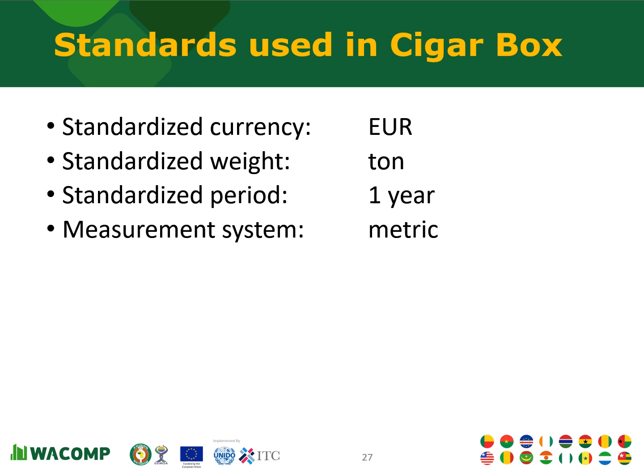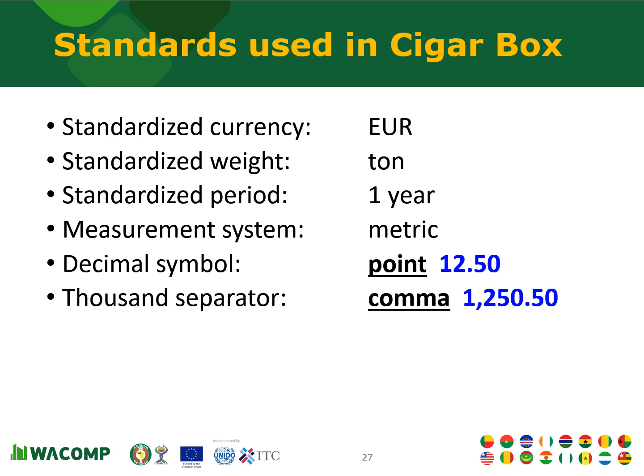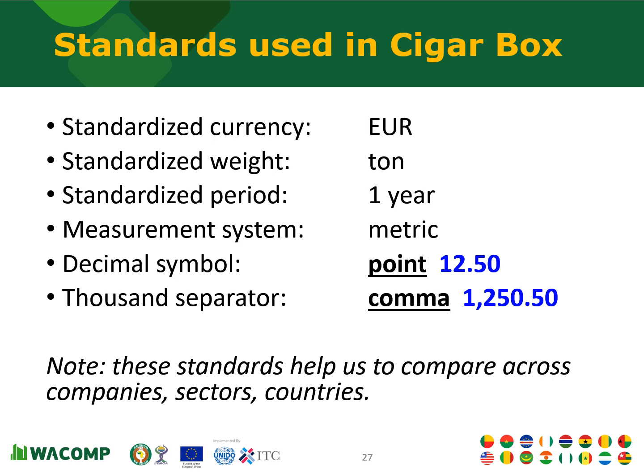Measurement system, metric. Decimal symbol, point, 12.50. Thousand separator, comma, 1,250.50. Note, we use these standards to help compare across companies, sectors and countries.